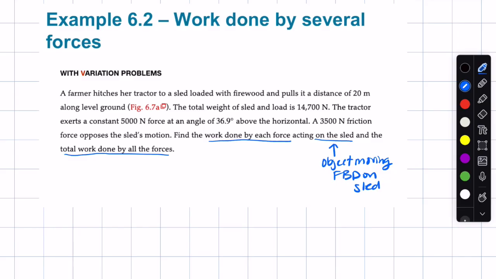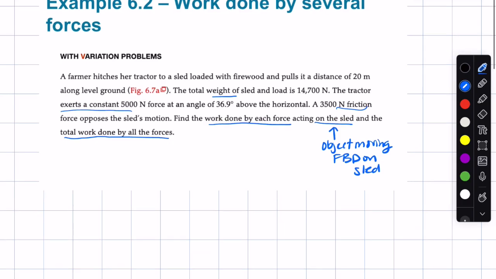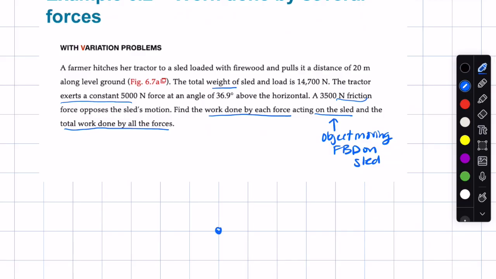Well, we have the weight force, right? The force due to gravity. We have the tractor exerting a force, and then we have the friction exerting a force. So our free body diagram will have three forces. Weight, friction, which always acts opposite to the motion direction, and then the tractor's force, which is at an angle from the motion direction, and then S is along this way.